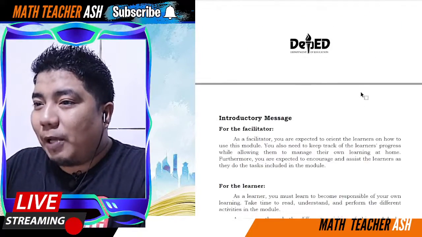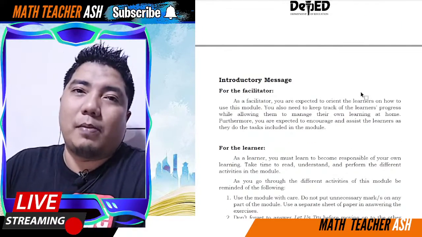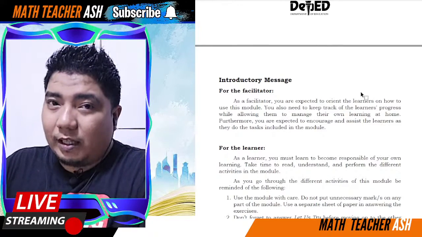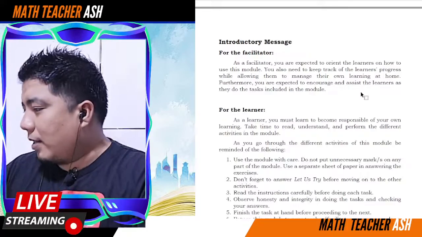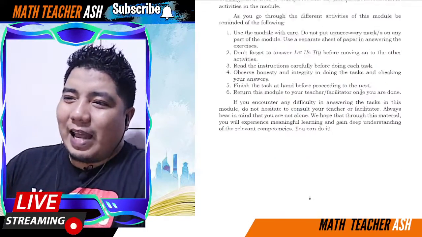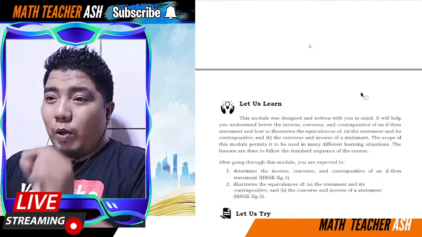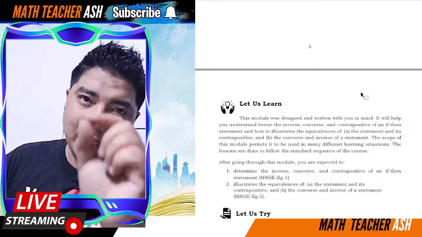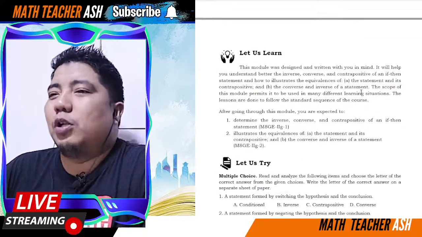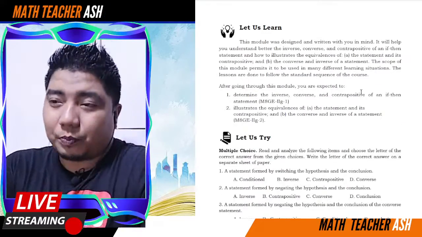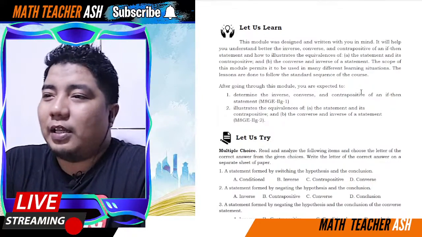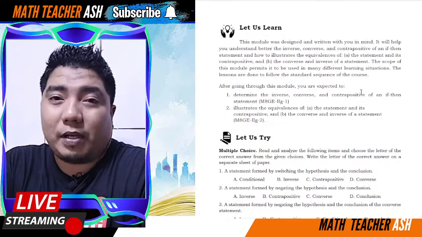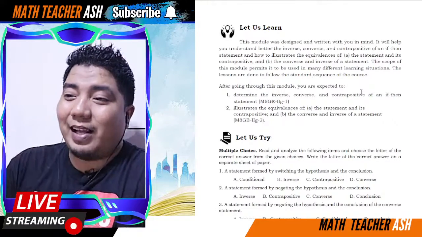Next, the next page of that is the introductory message for the facilitator. Those are your teachers. And for the learners at kayo yun, my dear math learners. Alright. Then after that, on the 5th page, we will have the objectives of the module. So first, we are going to determine the inverse, converse, and the contrapositive of an if and then statement.